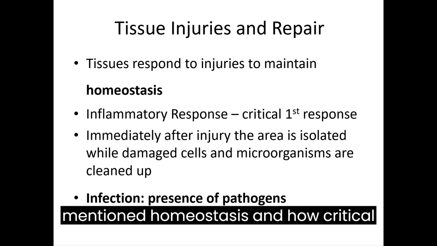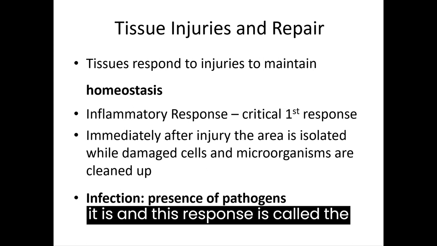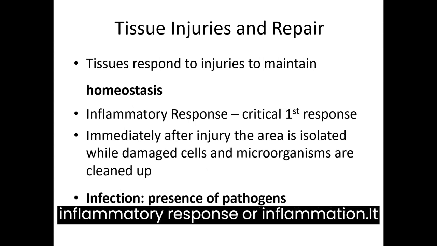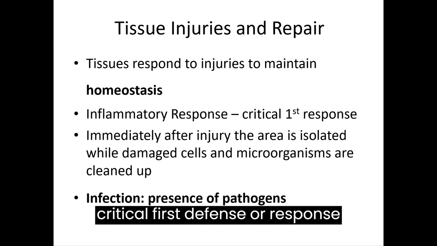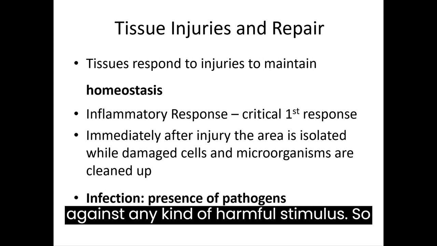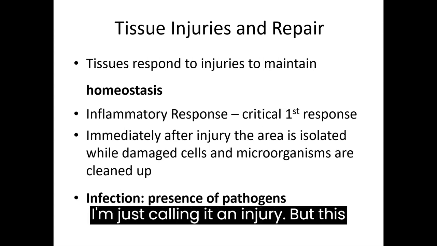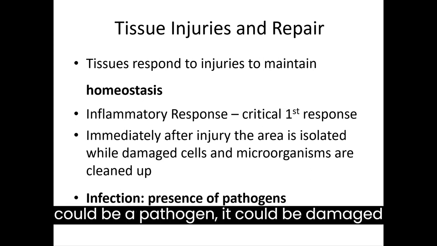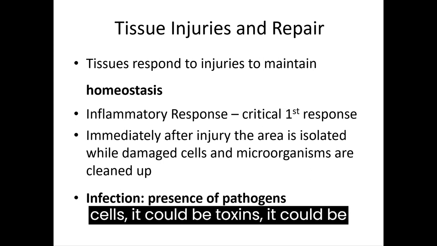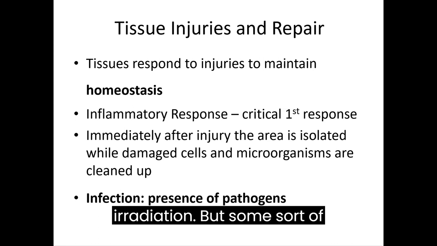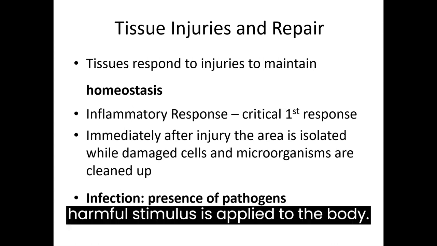We mentioned homeostasis and how critical it is, and this response is called the inflammatory response or inflammation, and it is a very critical defense mechanism, a critical first defense or response against any kind of harmful stimulus. So I'm just calling it an injury, but it could be a pathogen, damaged cells, toxins, or irradiation, some sort of harmful stimulus applied to the body.